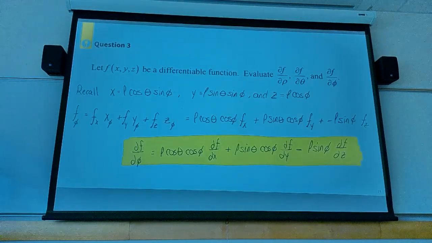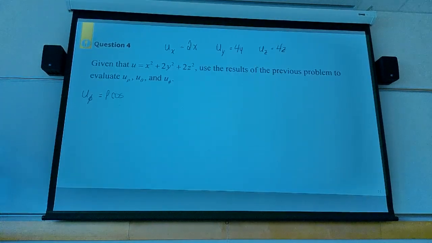Right, now this is what we're looking at. Two x, then plus rho sine theta cosine phi times the 4y, minus rho sine phi times the 4z, right?